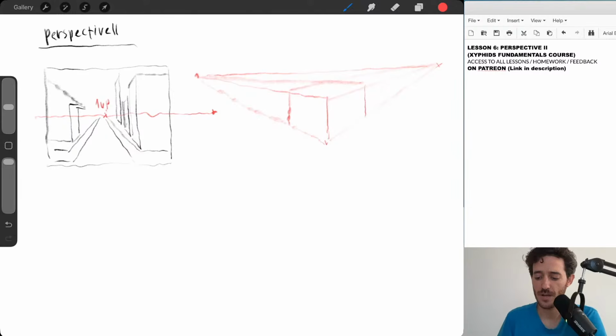Right? And now we have this box that is sitting in 2-point perspective. This is the very basis of most of the things, most of the scenes that we're looking at in everyday life are probably closer to this than to this.